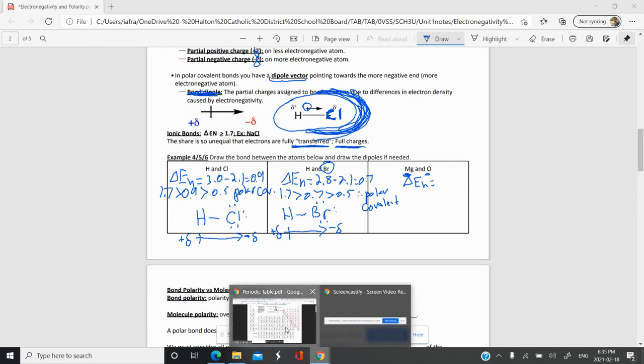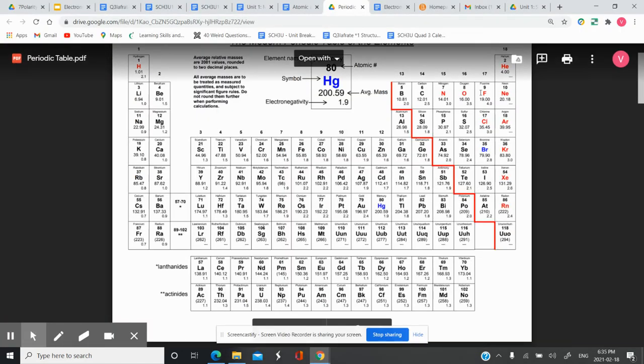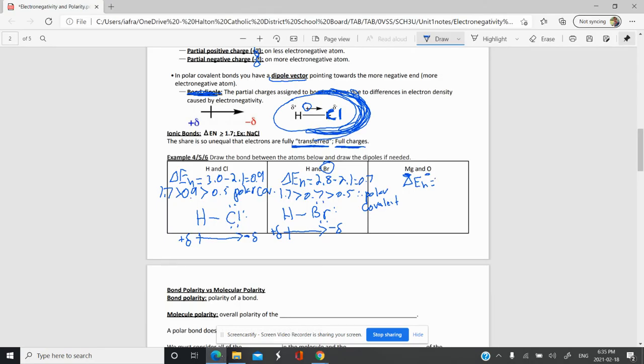So Mg and O. Mg is 1.2 and O is 3.5. So we have 3.5 minus 1.2, and we get 2.3. 2.3 is more than 1.7, therefore it's ionic. We don't draw dipole vectors because there's not partial charges, it's full charges.